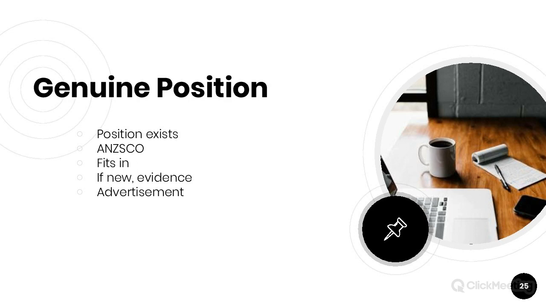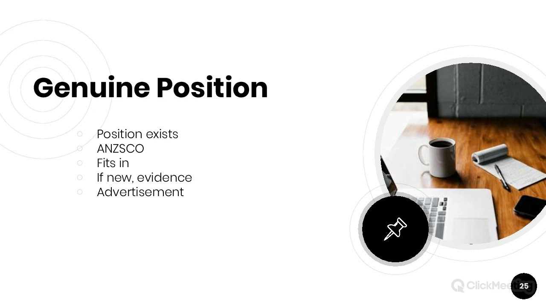If you create a position as accountant within your immigration agency, you have to demonstrate that, for example, it is a requirement for you to do so, and you have 10 branches across the world. Then it makes sense. So position existing, it's common sense.